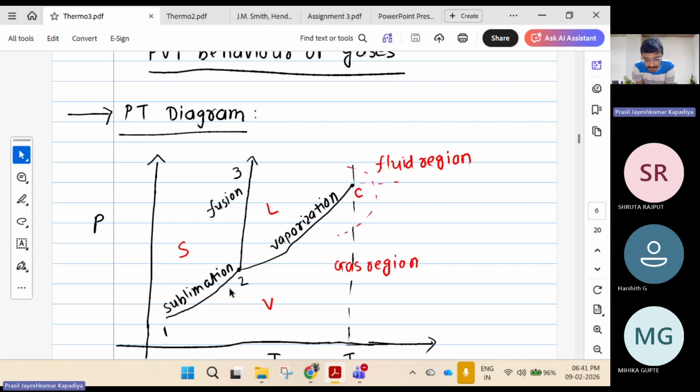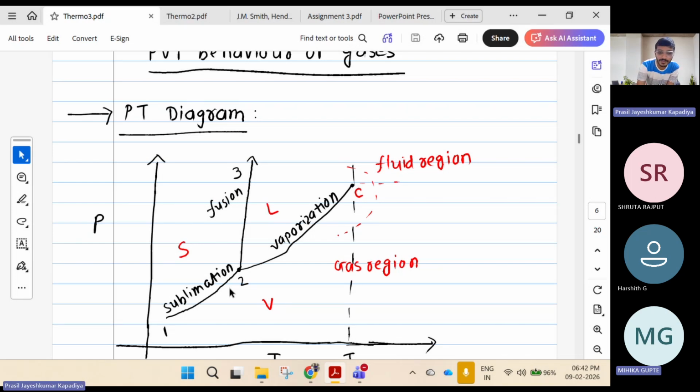Can anyone tell me the equation for degree of freedom? How can we find degree of freedom? Mihika, what is the equation? You know it, right? Gibbs rule, you have studied it: F is C minus P plus 2.